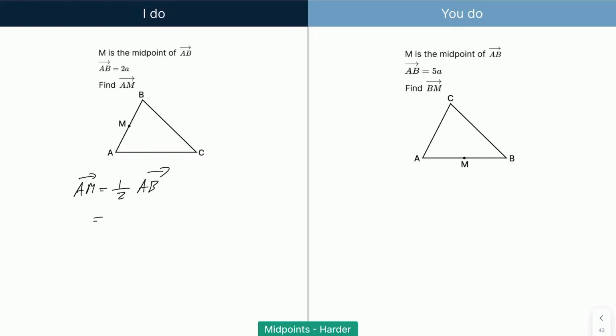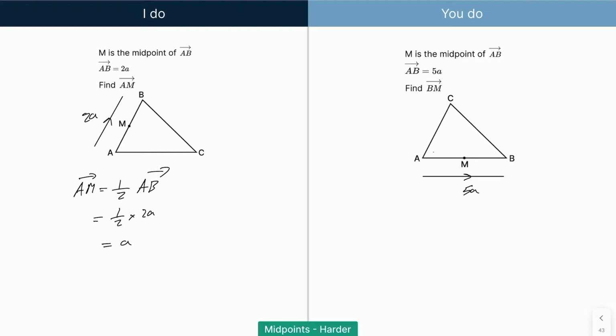Do we know what AB is? Yes, the question tells us AB is 2A. So we know that this full length is 2A. Half times 2A is just going to be A. On the right, we know that AB is 5A, we can label that straight away. It's asking for BM.